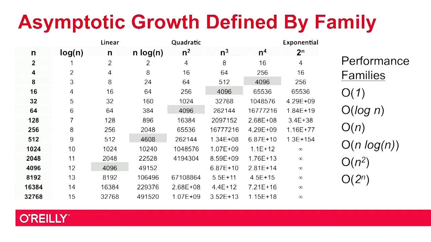This table has a lot of information on it, but it's broken down by columns, so I think it's easy to understand. On the left-hand column is the size of the problem instance n, starting at 2, 4, 8, and so on. When we did the binary array search, we observed what was called order of log n performance, which basically meant as the problem size doubled, you only increased the number of steps by 1.